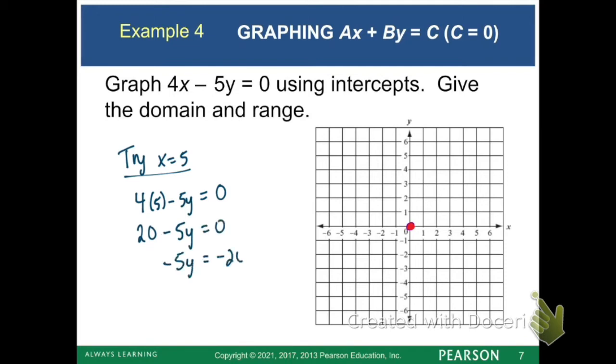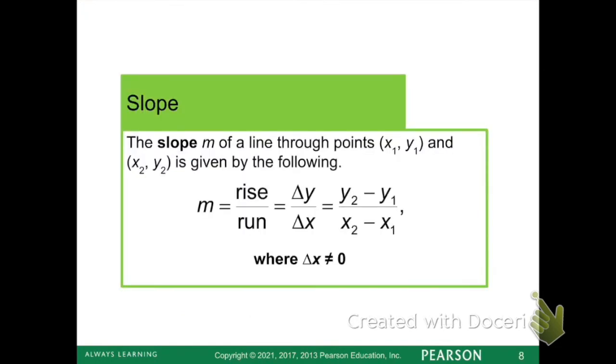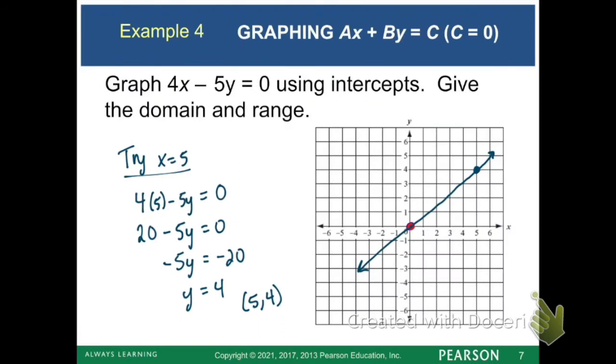When we do that and we solve, we get y equals 4. So another point that I can use is the point 5, 4. And then my domain and range, again, is going to be negative infinity to infinity for both domain and range.